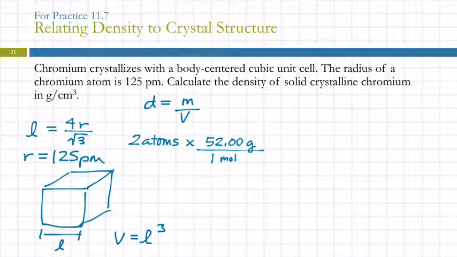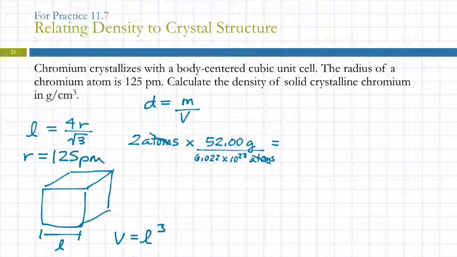How many atoms in a mole? Avogadro's number. So instead of writing a mole here, I'm going to write 6.022 times 10 to the 23rd atoms. Everybody okay with that? It's beautiful, isn't it?